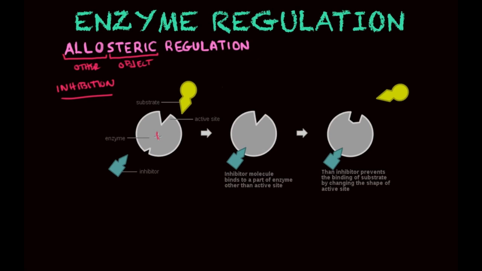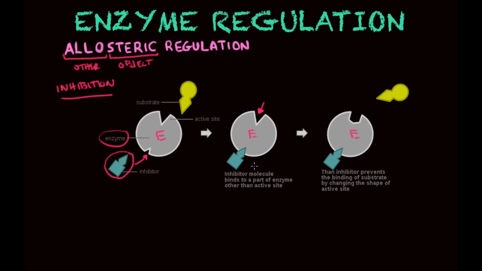And what I have here is an enzyme in these three steps here, as you can see here also. And I will have an inhibitor, a molecule that will bind to the allosteric site, which is a site other than the active site that you see here, where the substrate is supposed to bind.